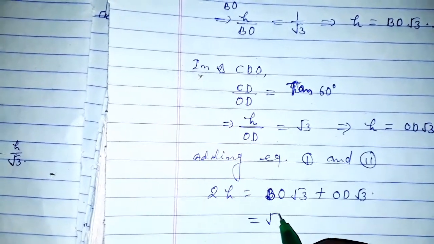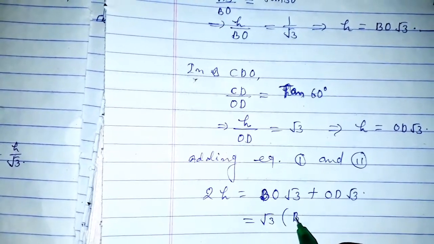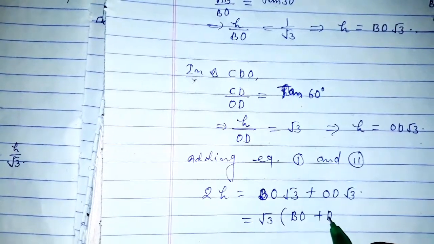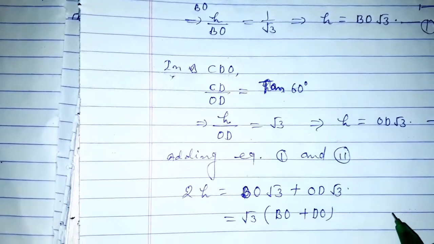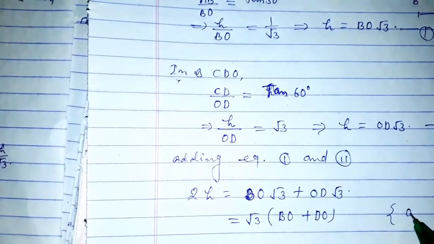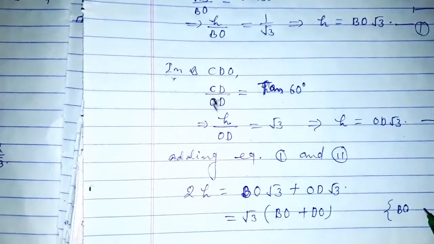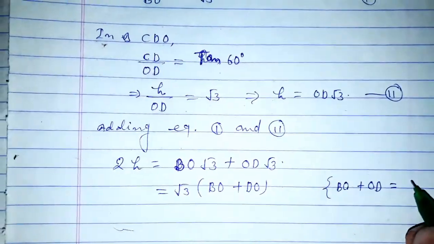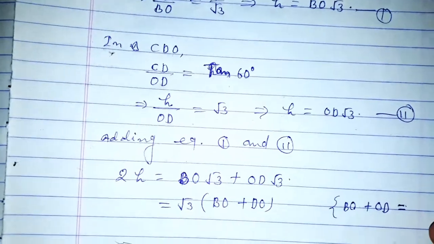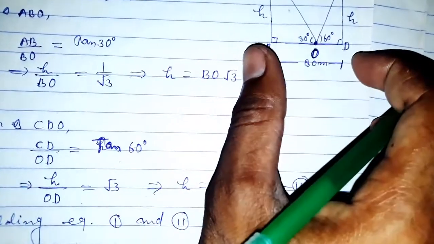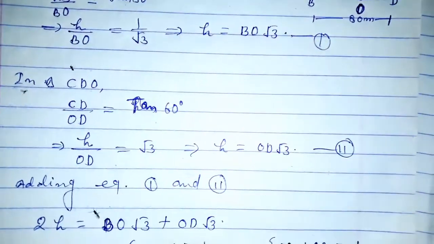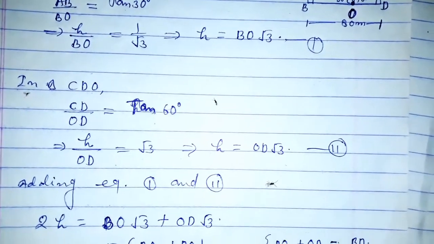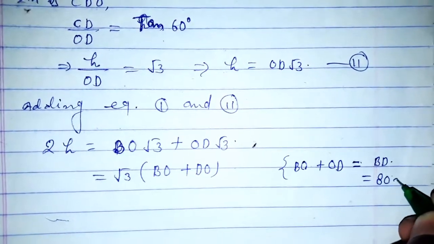Common root 3, so this is BO plus OD. BO plus OD is the total length BD, and BD is 80 meter.